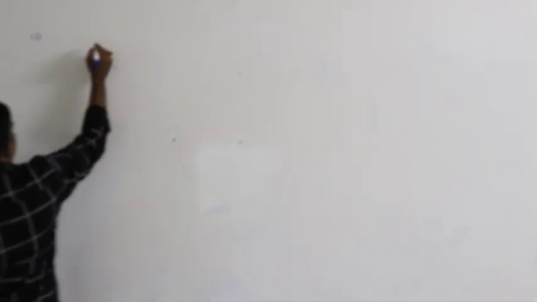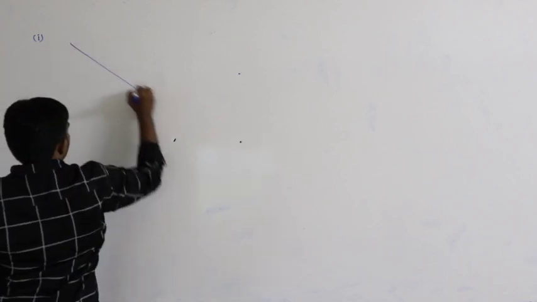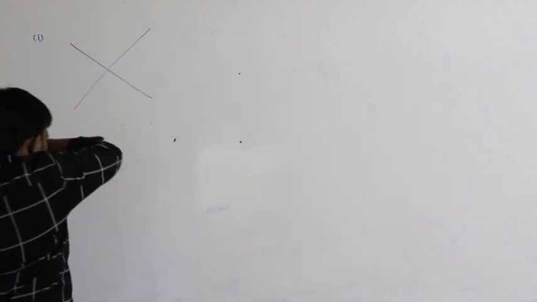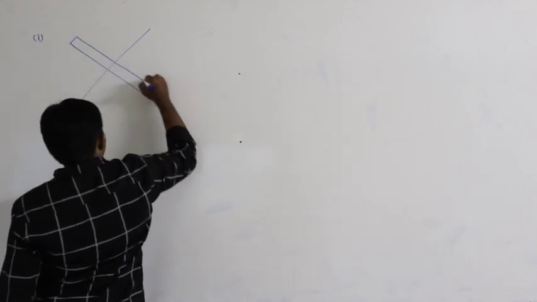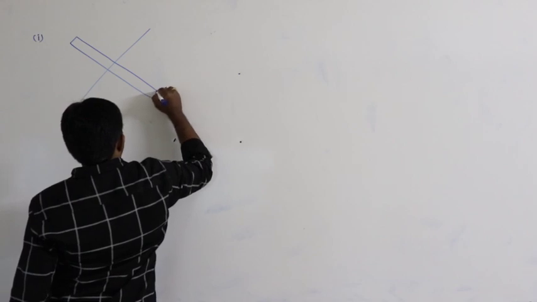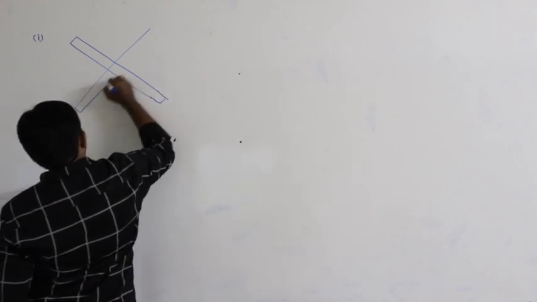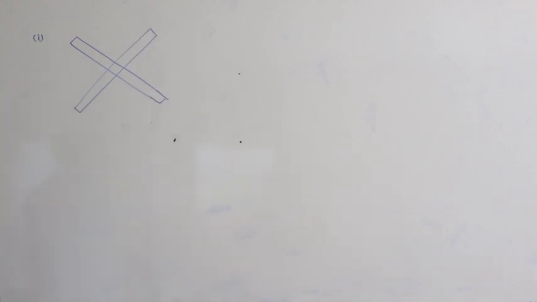So first example here, let us say these two are magnets arranged like this. Two magnets.